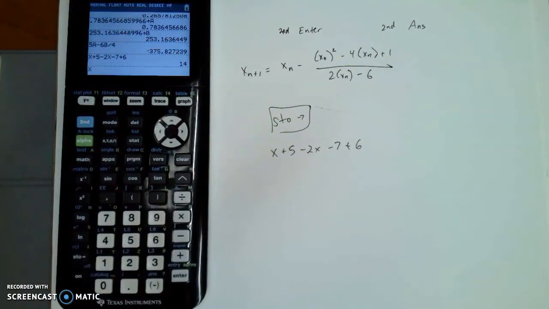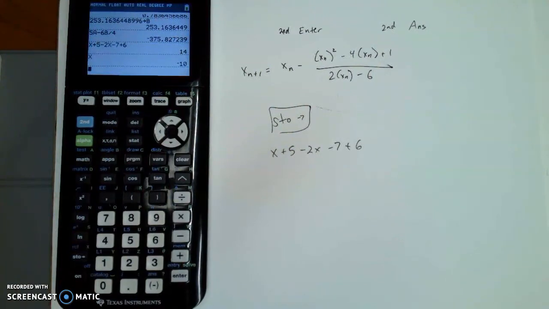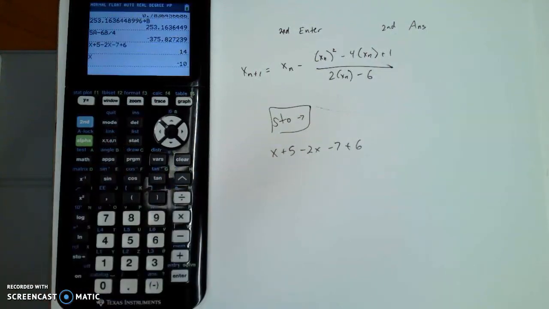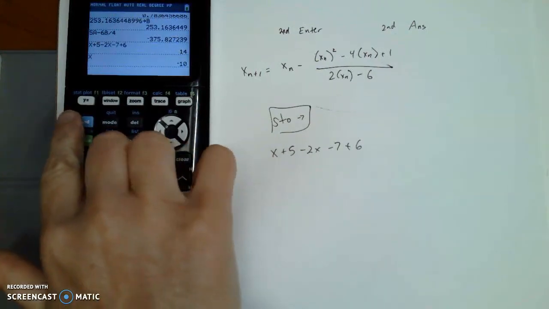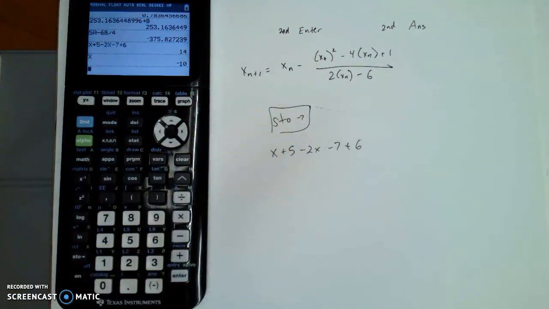Because if I hit just x, my calculator thinks that x has a value. As I tell my students, the only time really that you should be using that x is if I'm graphing. There are some times in later classes where we can use it as well. But for most of the classes I teach, I tell students only use the x if you're graphing.